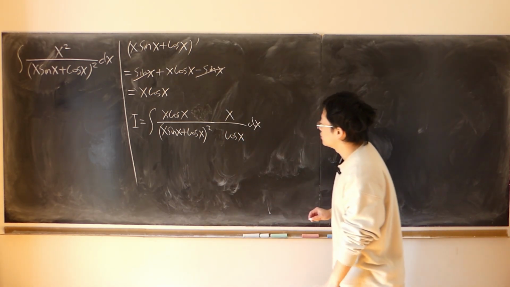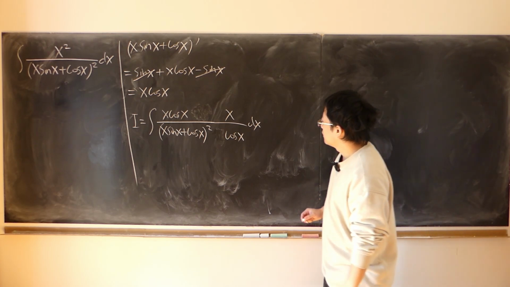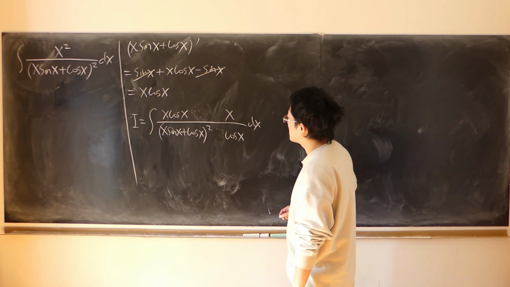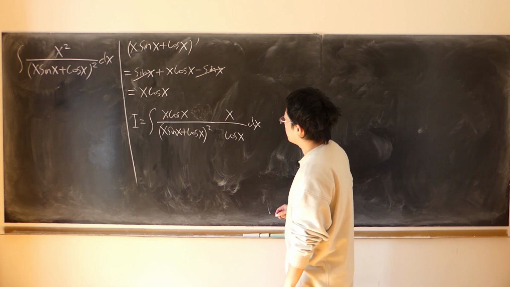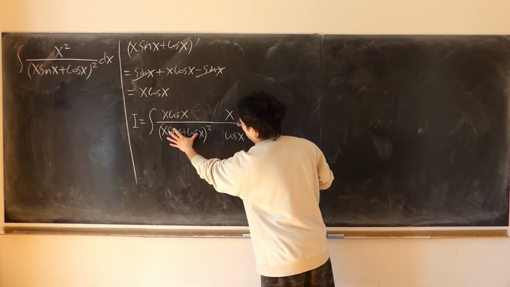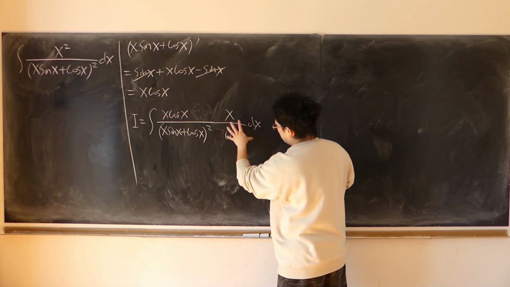So that automatically motivates me to use integration by parts. So which one is u, which one's dv? Since I already know this bit is the derivative of this bit, it's easy for me to find the antiderivative of this bit. So this should be dv, this should be u.